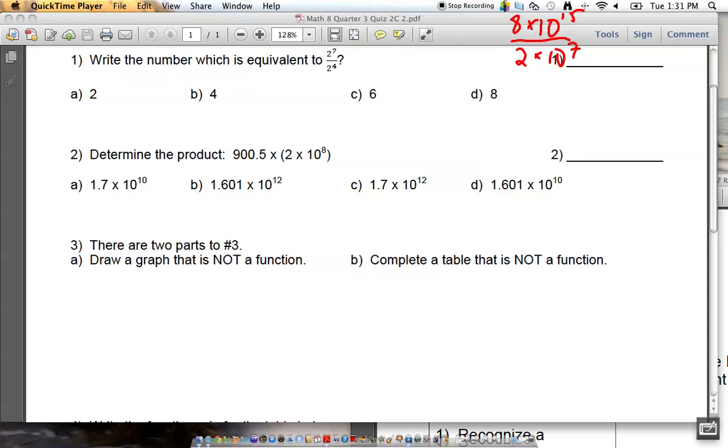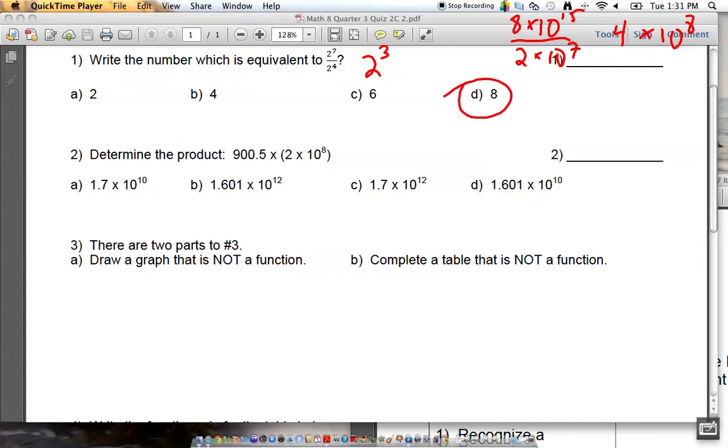You would do 8 divided by 2 is 4, and then 15 minus 7 is times 10 to the 8. Do you understand that we would subtract exponents there? Well, likewise, we subtract them here, and I get 2 to the 3rd. So which one of these equals 2 to the 3rd? D. 8 is correct. So be careful with that calculator.